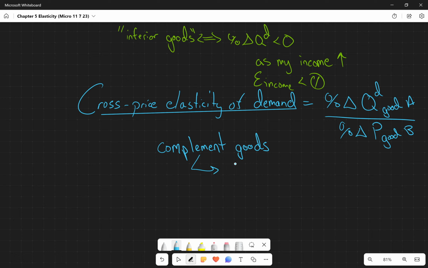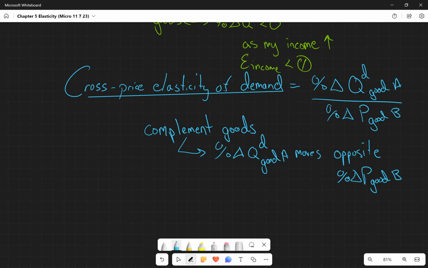So this is a situation where the percentage change in the quantity demanded moves opposite the percentage change in the price of some other good.